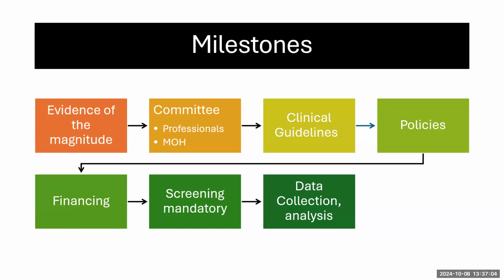Then we decided to produce clinical guidelines, which was a very important step, but was followed by policies that included human resources, financing, and mandatory screening for neonatal units. And then we started the data collection. From the very beginning, actually, we started the data collection, which is crucial.